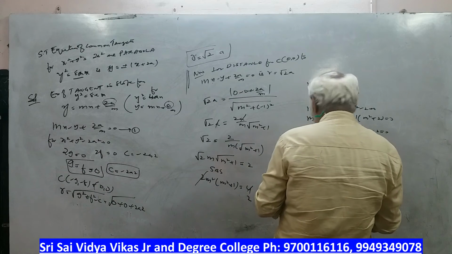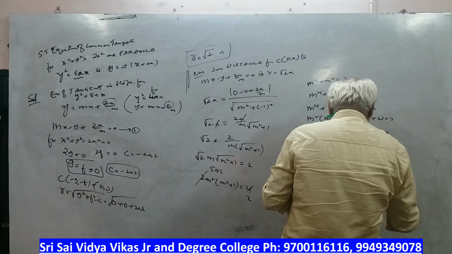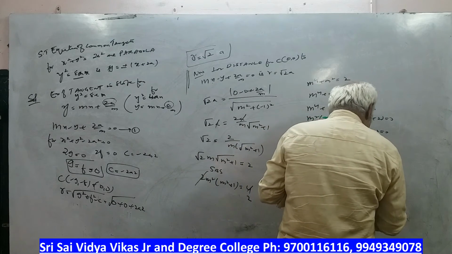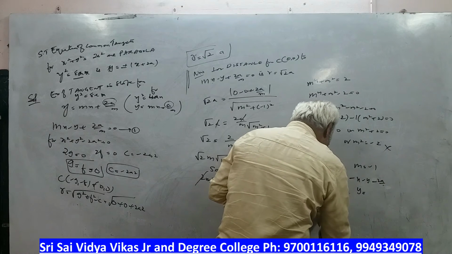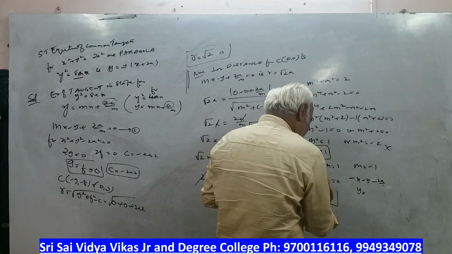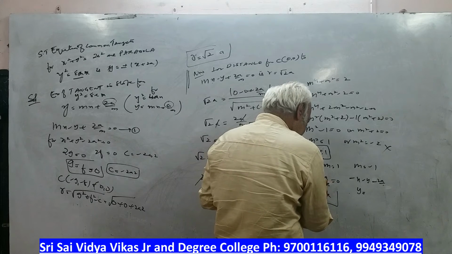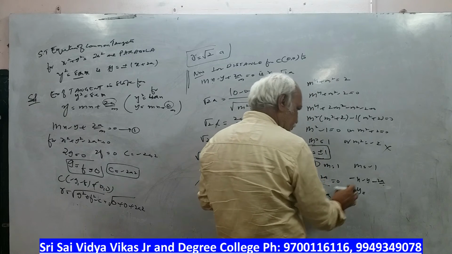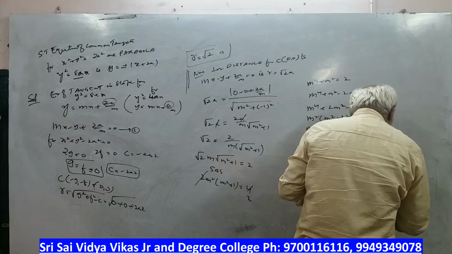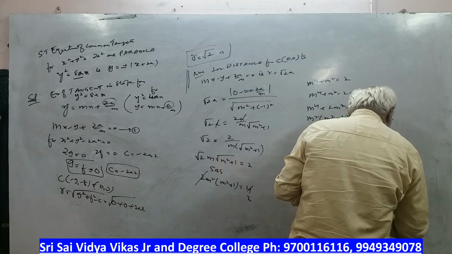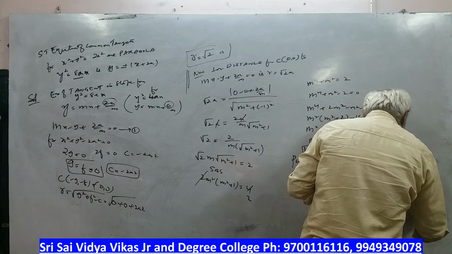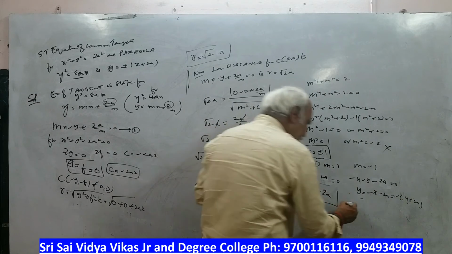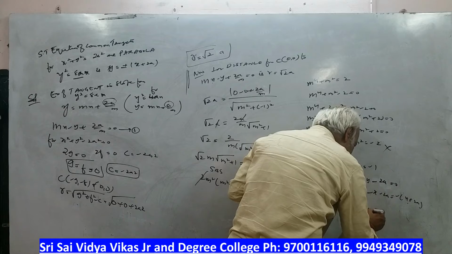So minus x minus y plus 2a by m, so y is equal to minus x minus 2a. So here what is the y we got? Minus x minus 2a, and here the y value is x plus 2a. Therefore, the common tangents are y equals plus or minus x plus 2a.